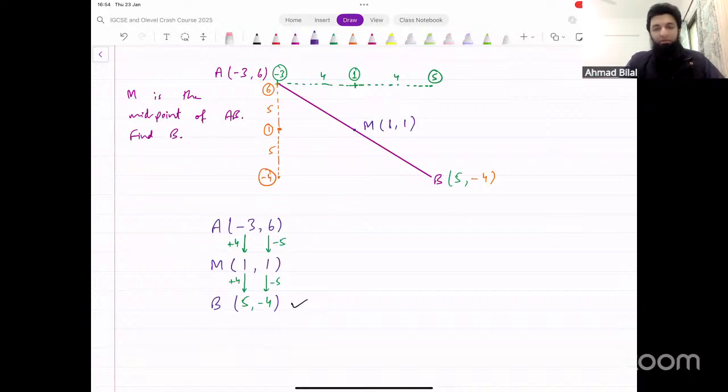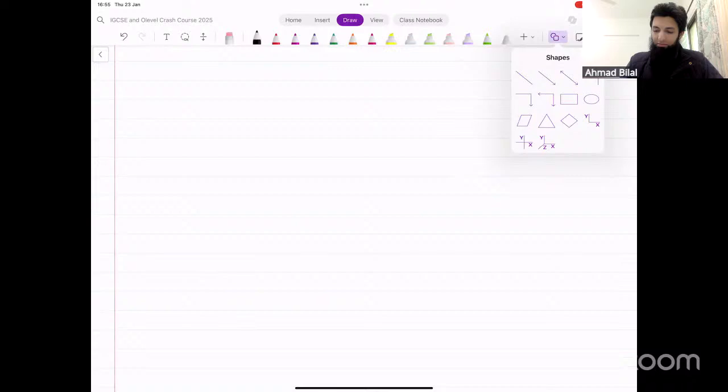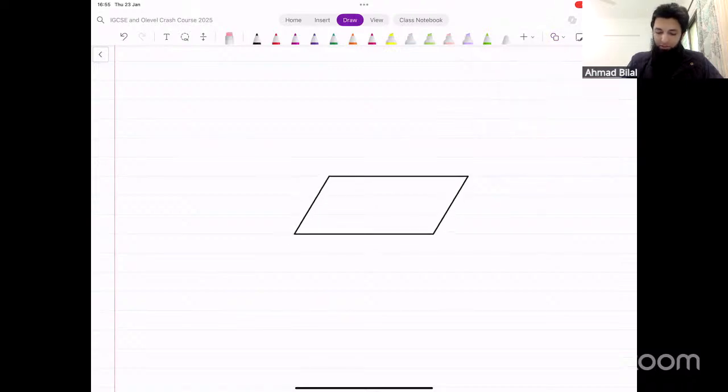Let's take another type of question that you can use the vector method for. Let's say we have a parallelogram like this. Let me draw one here. So we have this parallelogram. Let me see if I can tilt this somehow.